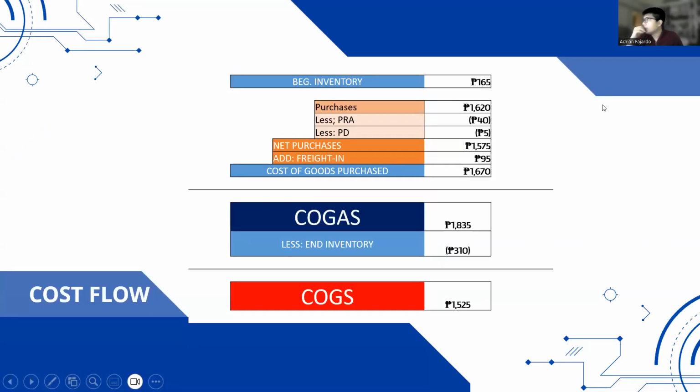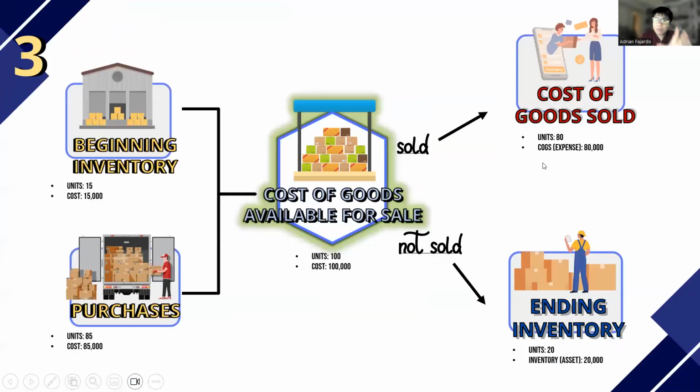So next equation would be our cost flow assumption. So basically, ang idea, and ito yung mas pinaka-importante that we'll really learn in terms of chapter 6, is that we always put our focus on our cost of goods available for sale. Okay?